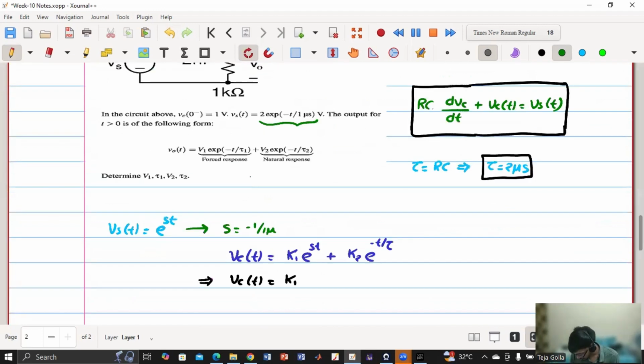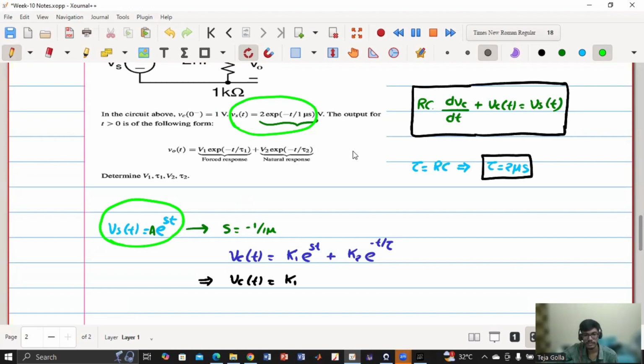So Vs of t is actually the input. When you compare this and this, s is equal to minus 1 by 1 micro, right? Agree? And a is equal to 2, but we are not interested in that as of now. But is that clear?